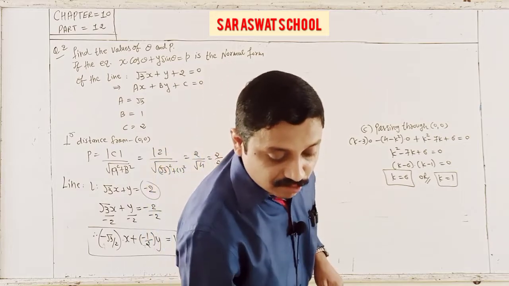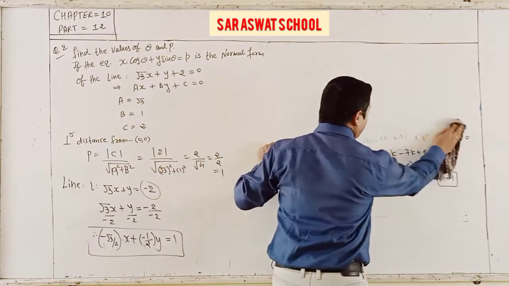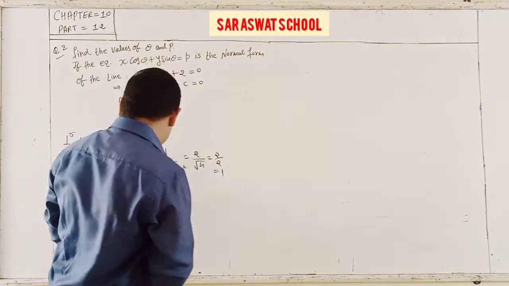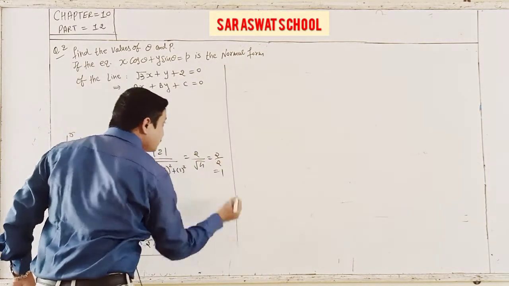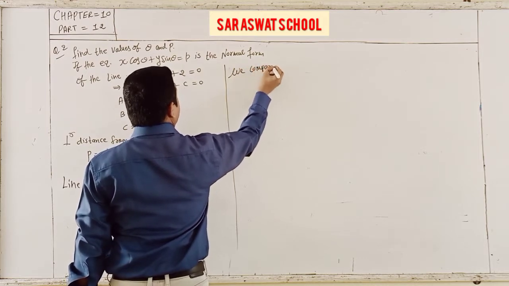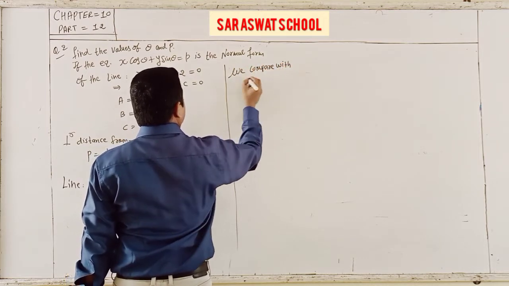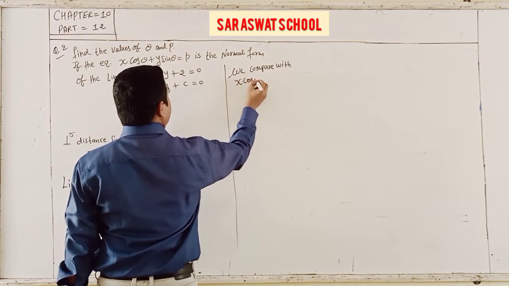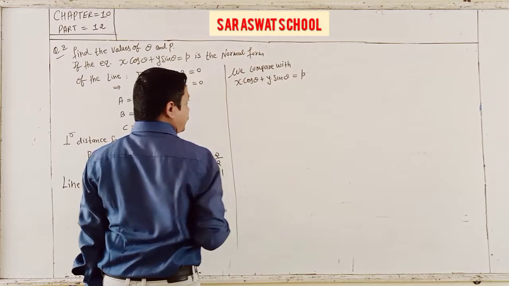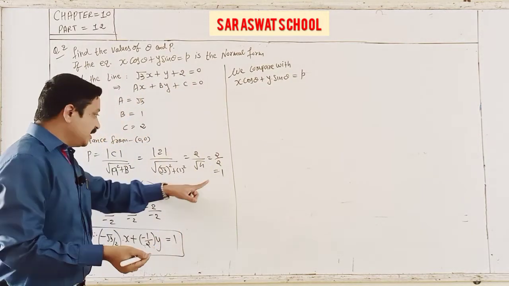For the normal form I will just compare with x cos theta plus y sin theta is equal to p. Check, your p is exactly 1.